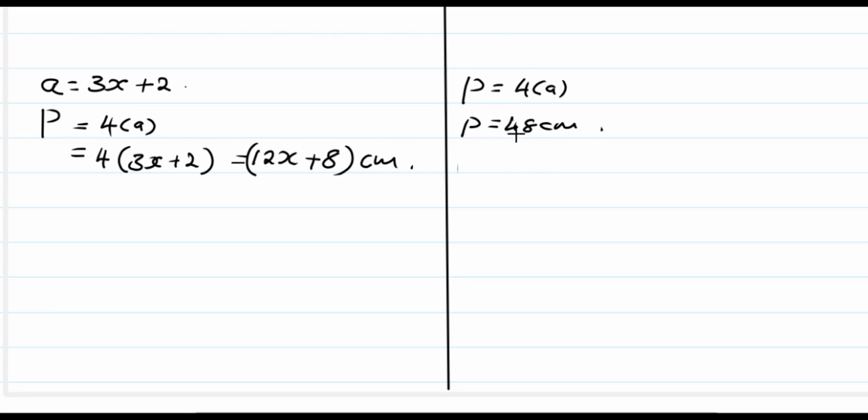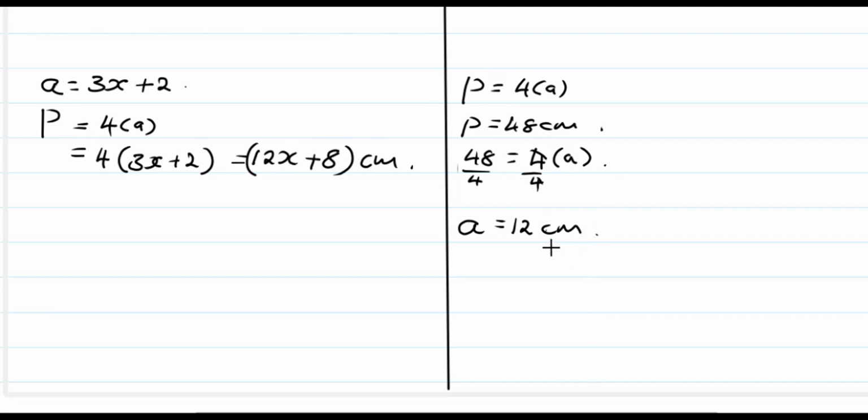So to do so, we need to say perimeter P, which is 48 centimeters, is equal to 4 into A. It then means to get this A, we need to divide both sides by 4. So A becomes 48 divided by 4, it will be 12. Because here 4 divided by 4 will be what? So A will be 12 centimeters.